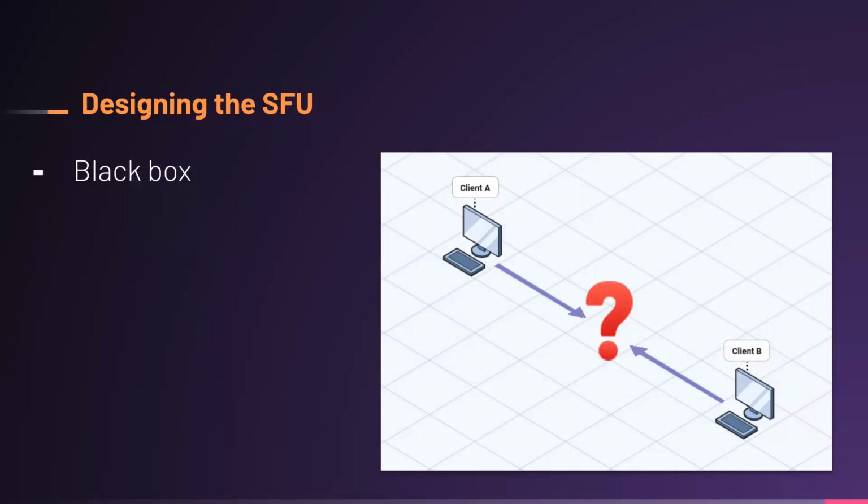And because there was no clear agreed upon definition, based on the fact that this idea of an SFU with WebRTC is a relatively new idea, we took the one piece of consistent info that we had, which was that the SFU forwards streams.